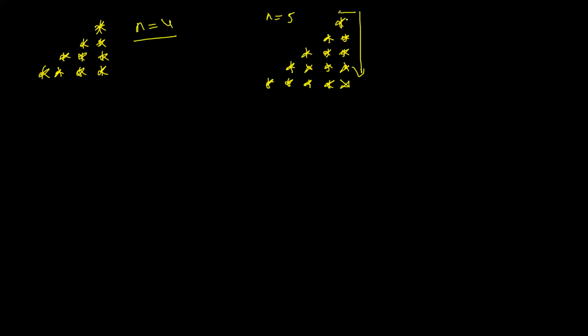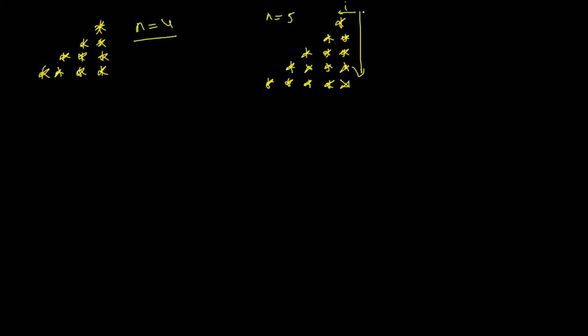For n equals 4, you'll write something like this. For n equals 5, you'll write the same thing. It's the same thing, just one change. You need to run the loop, and based on the iterator value, the number of stars is also determined.